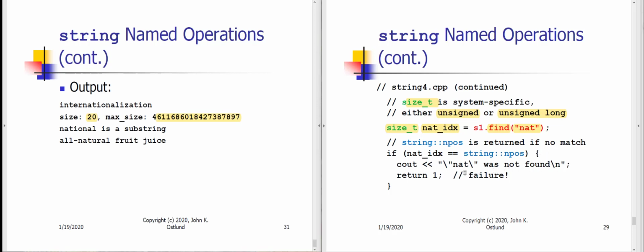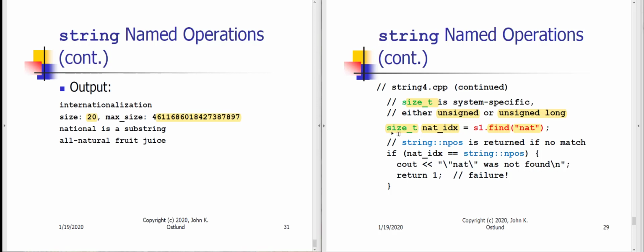The point here is that if you're searching for a character or a string within some other string, the result that you get back can't be a negative number. If you get back a valid result, it has got to be either 0 if the string you're looking for is right at the beginning of S1 in this case, or it's got to be greater than 0.